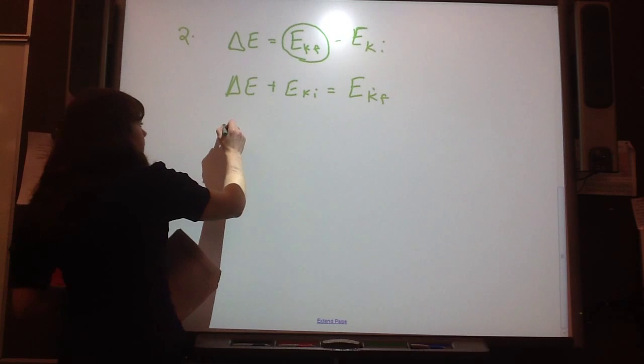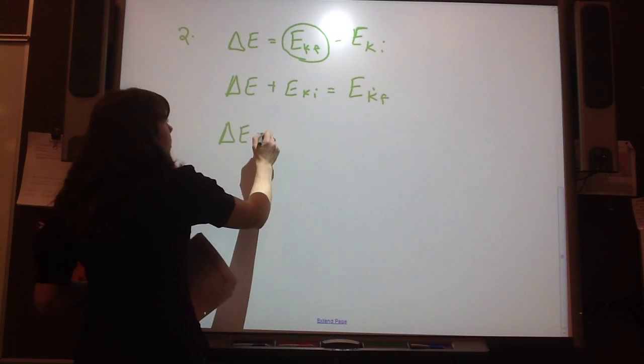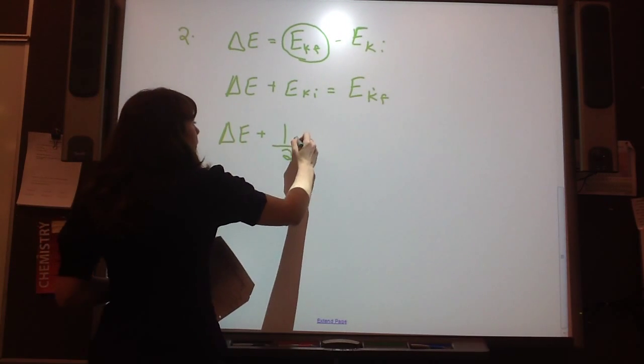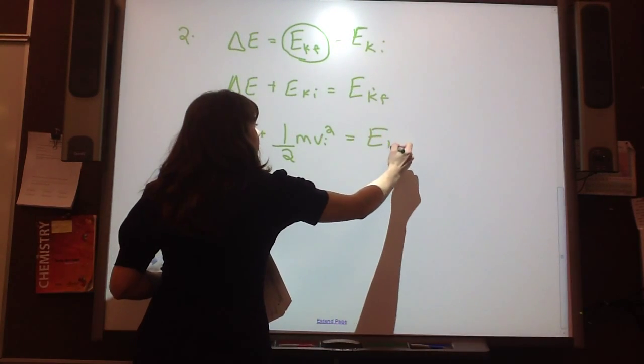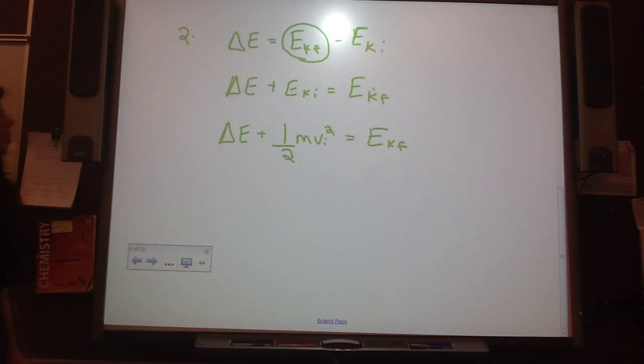I can expand that to say delta E plus half m VI squared is equal to EKF. Now I can put in my actual data from what I have.